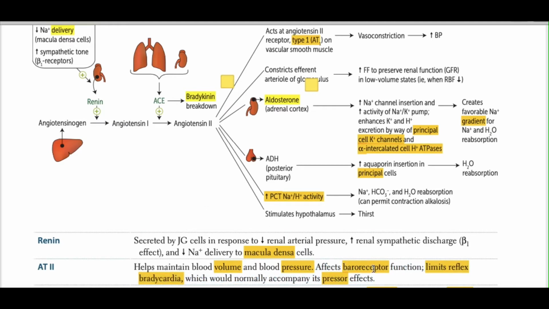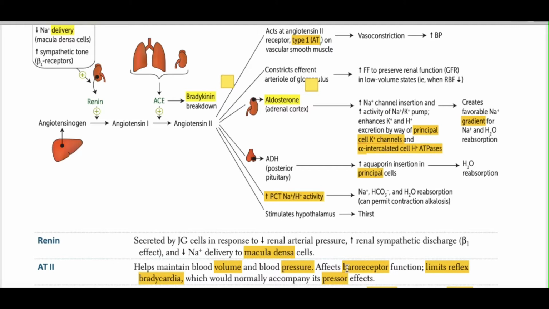These are a sensing system when there is low blood volume or low blood pressure. These baroreceptors will sense that and send the signal to our brain, and the brain will increase our sympathetic tone. That will result in increased heart rate and increased renin, and will help in increased blood pressure.